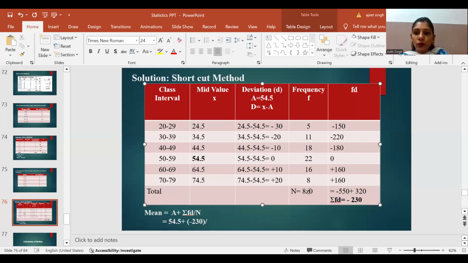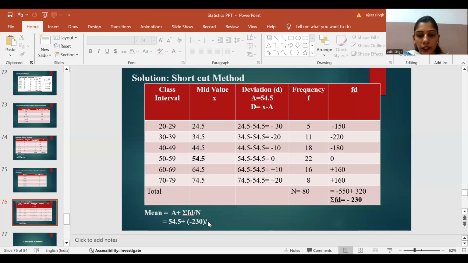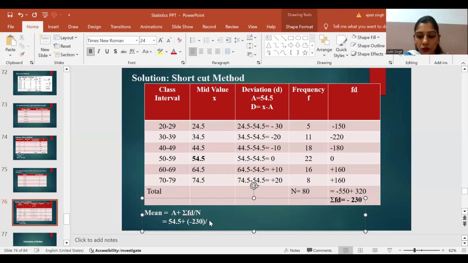Okay, so this is how we do the calculation. Now let's put this value of 80 here in this formula also.